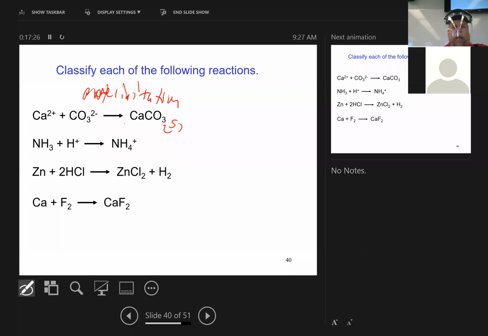And it's also a combination reaction. And then you've got the other ones related to this. This would be a neutralization reaction here. And this is a single displacement, and then this is a synthesis reaction. So that's essentially how we put the pieces together.